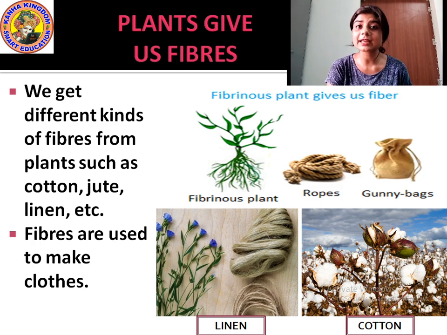Like, what does the cotton plant give us? Cotton fiber. Cotton plant gives us cotton fiber. Then jute plant gives us jute fiber, that is used to make bags and ropes. Then flax plant gives us linen. The linen fiber is obtained from the flax plant.